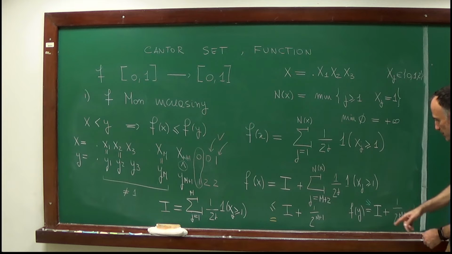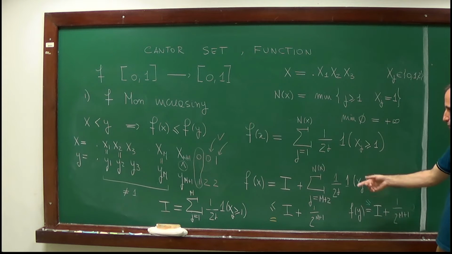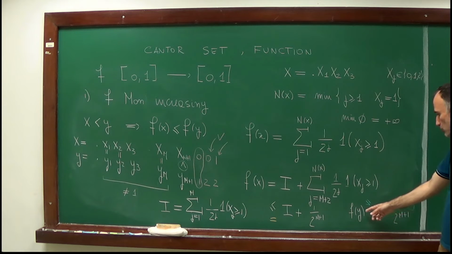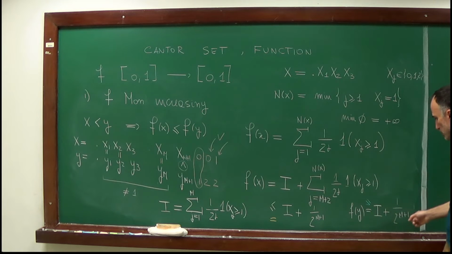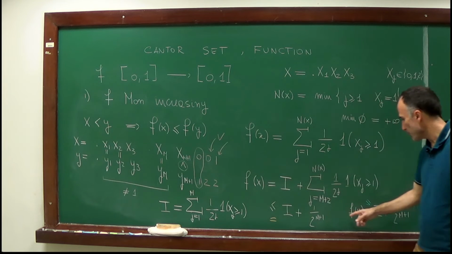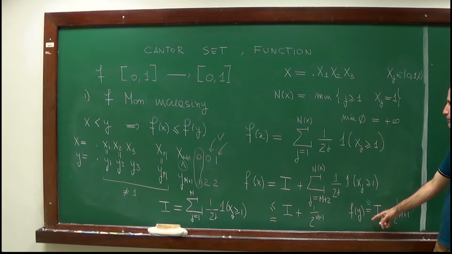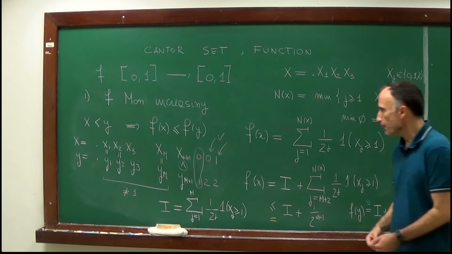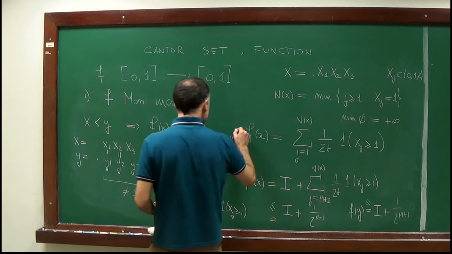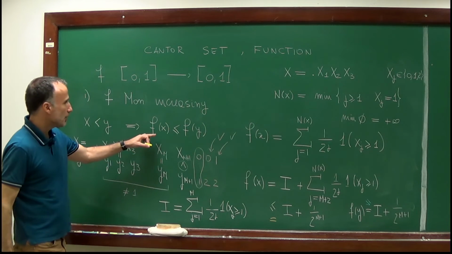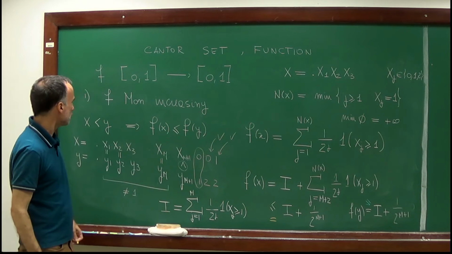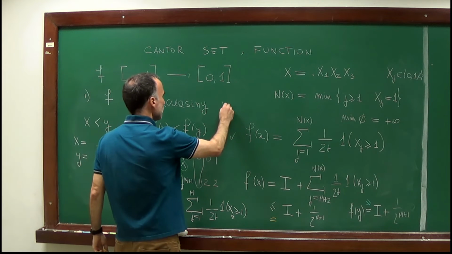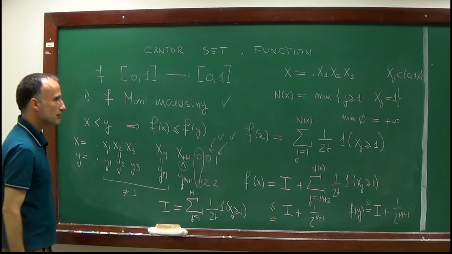We proved that in the case in which y_{m+1} is equal to 2, we have that f of y is larger or equal than this expression, and therefore we still have that f of x is less or equal than f of y, and therefore even in that case we know that f of x is less or equal than f of y, which proves that f is monotone increasing.